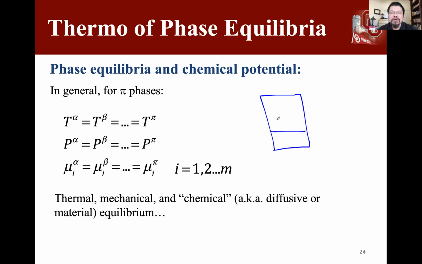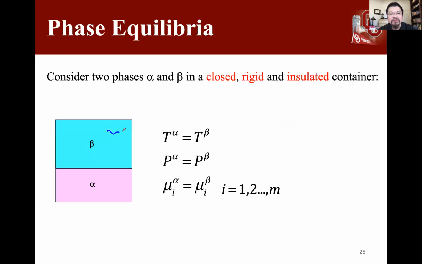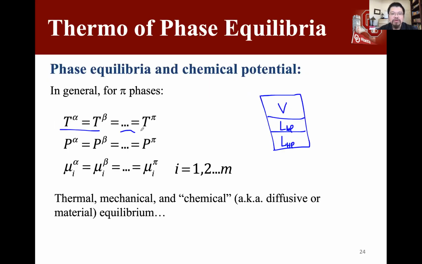Now, we are going to have not only two phases, but multiple phases. Let's say we have vapor, a liquid of low density, and the other liquid phase of high density, high rho. If we have three phases, then you are extending the criteria to multiple phases.